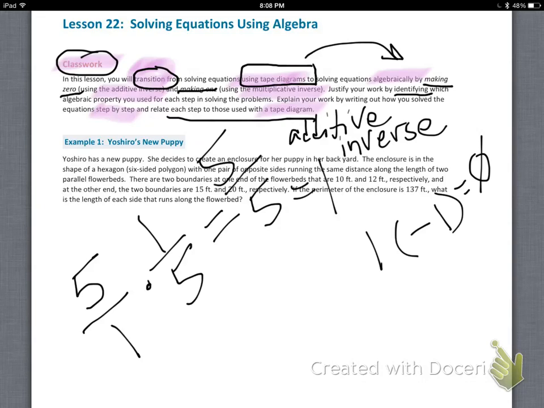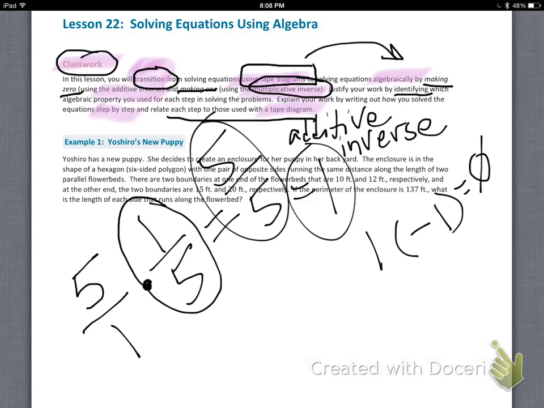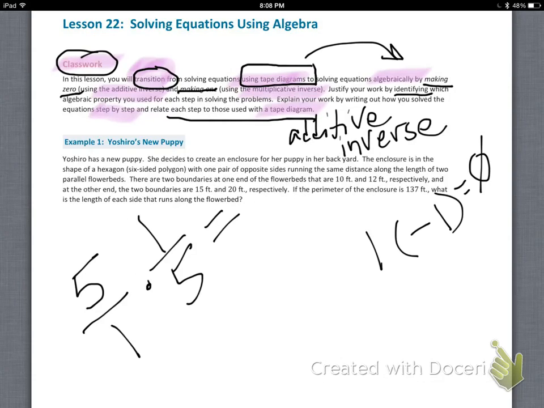The inverse operation of multiplication, of course, is division, and that's pretty much what we've done right here. Dividing by 5 is the same as multiplying by its inverse, or its reciprocal, 1/5, because 5/5 gives us 1. Let me get rid of all these here, they're all in our way.